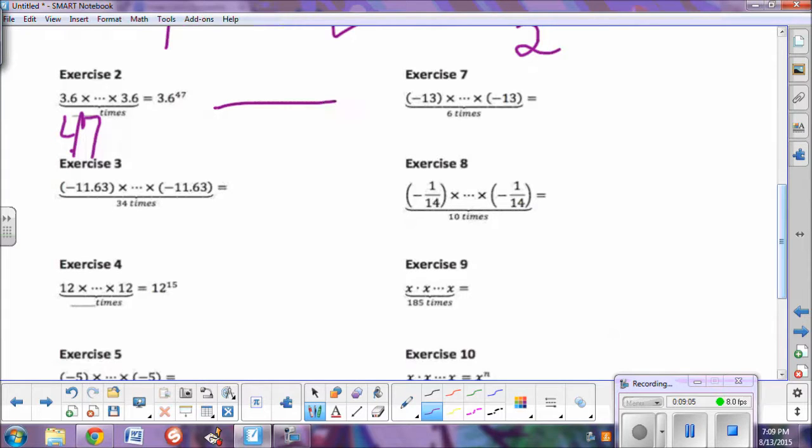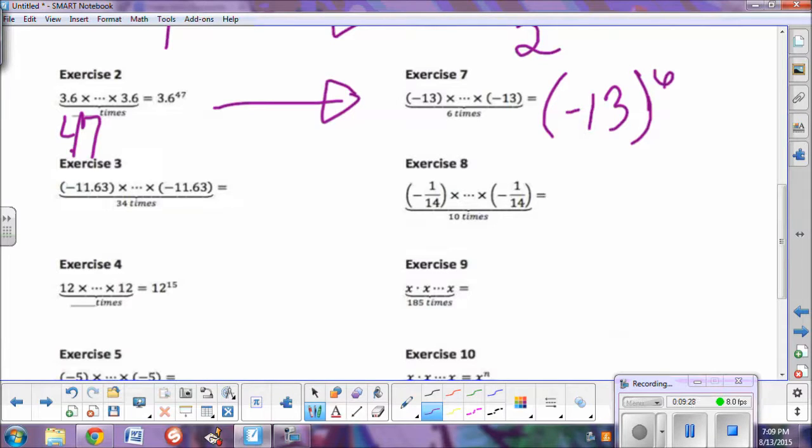And let's keep going across the page to number 7. Negative 13 times itself 6 times. If we're going to write that in exponential notation, notice the parentheses around that negative. So negative 13 is the base, and 6 is the exponent.